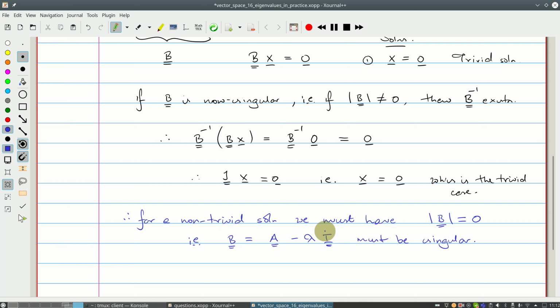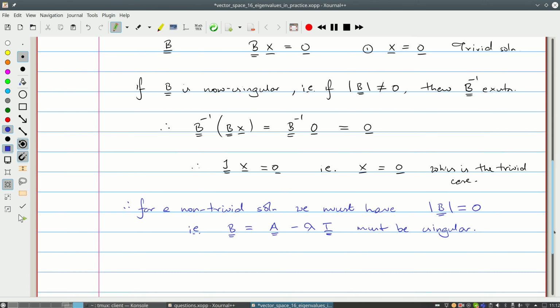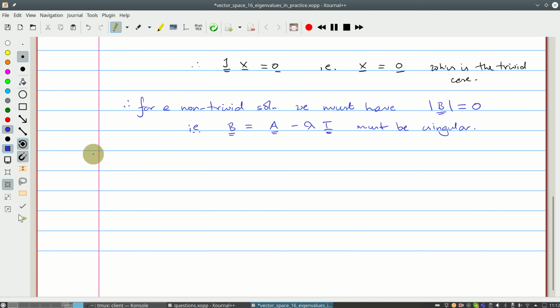It could be more than one lambda, and those are the values for which this matrix will not have an inverse, and it's for those values of lambda that you will get a non-trivial solution for the eigenvector. That's what we're after.